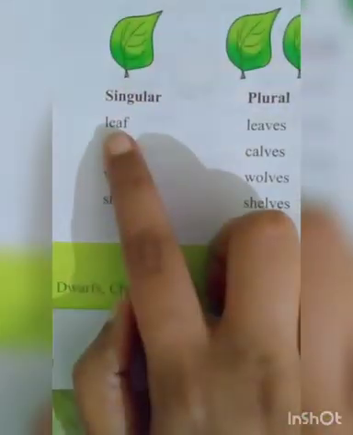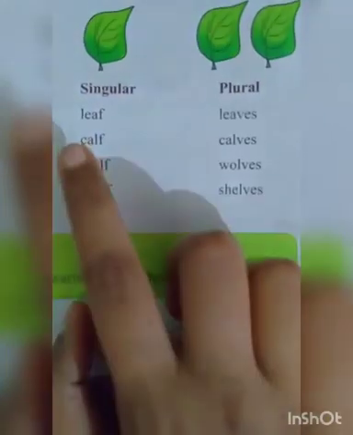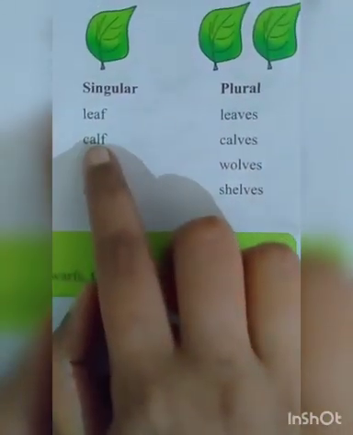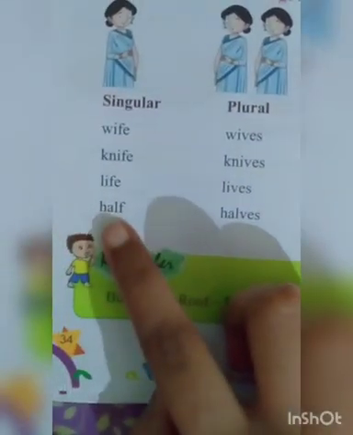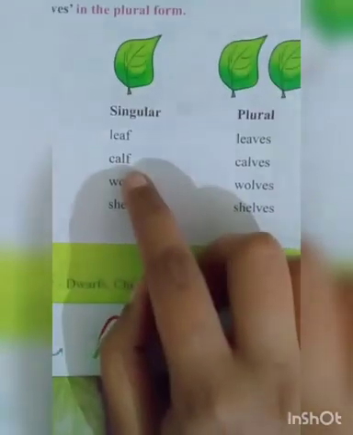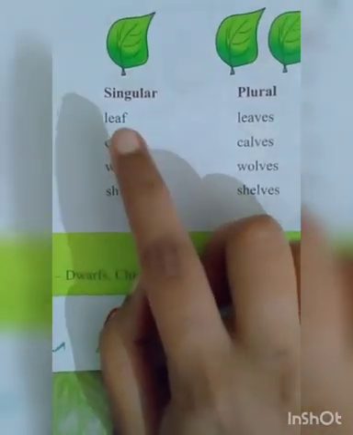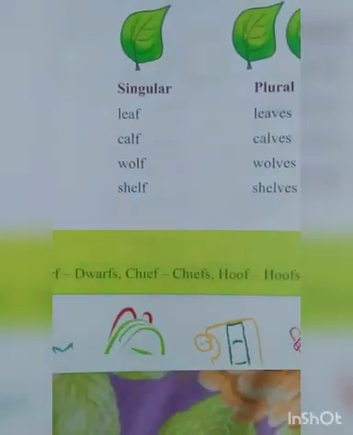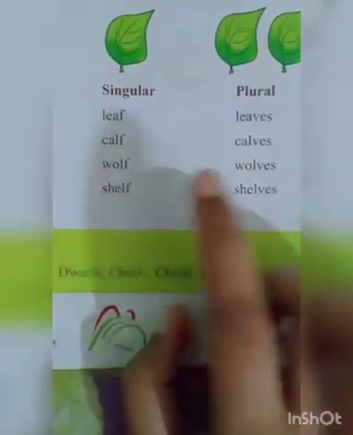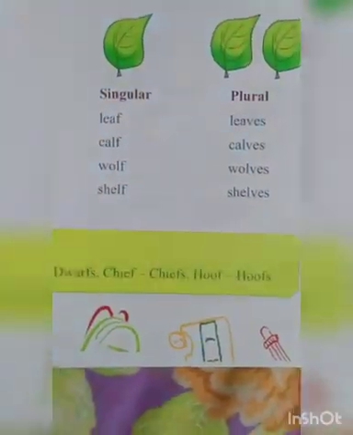Now here. Leaf, leaves. Calf, calves. Here L will be silent. Half is pronounced with a silent L, so the same in calf. L will be silent. Got it? Now wolf, wolves. See again, VES.